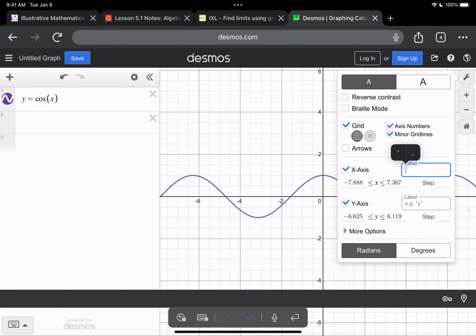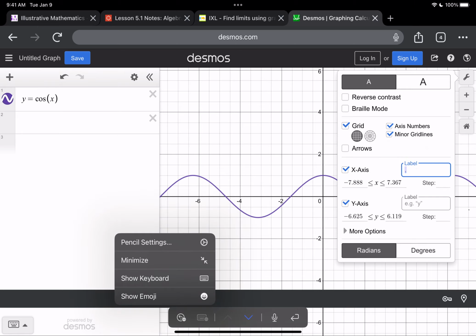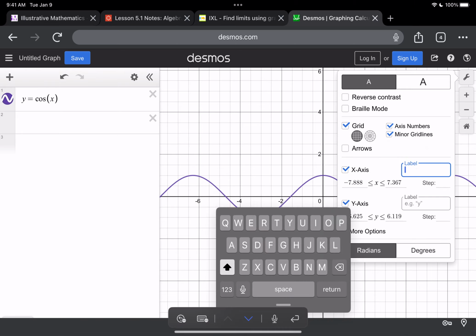Cool. And then, as suggested, let's show the keyboard. We're going to make this pi divided by 2. That's going to be really helpful for us.